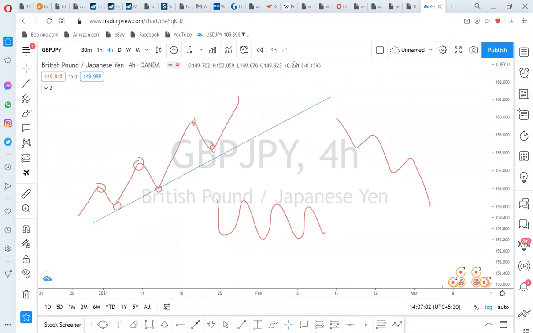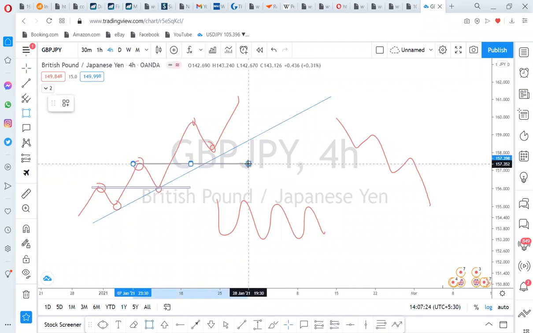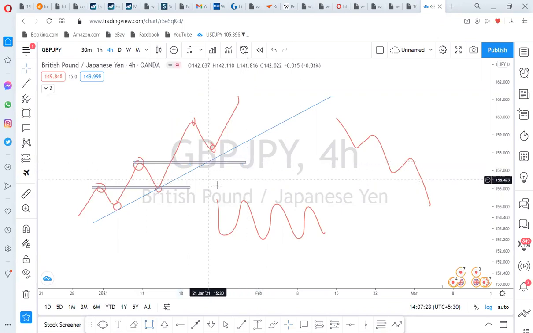Regardless of this, whenever we are in an uptrend, I think the things we have to take notice of is how price reacts to our zones. How price reacts to these zones whenever we are in an uptrend.